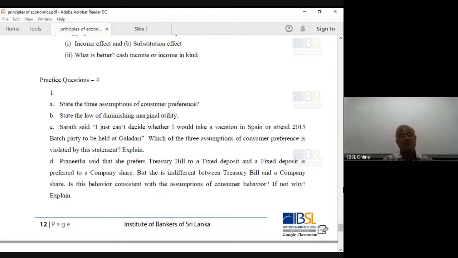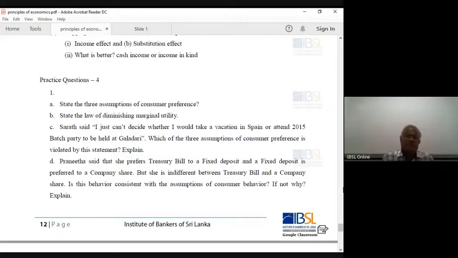Okay. Now part D. Pranita said that she prefers treasury bills to a fixed deposit, and a fixed deposit is preferred to company shares. But she is indifferent between treasury bills and company shares. Is this behavior consistent with the assumptions of consumer behavior?